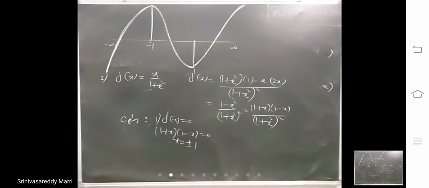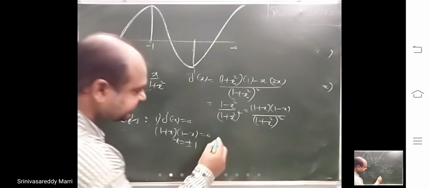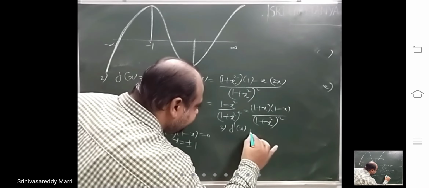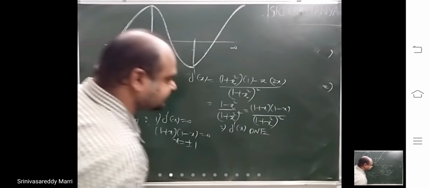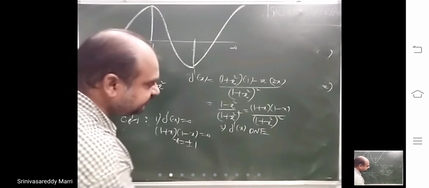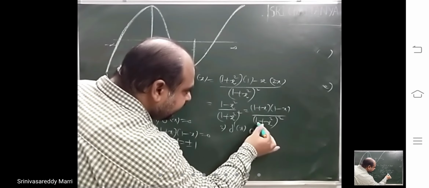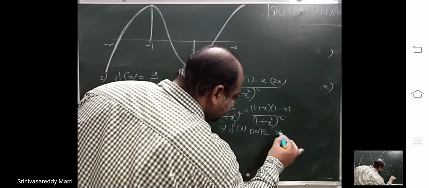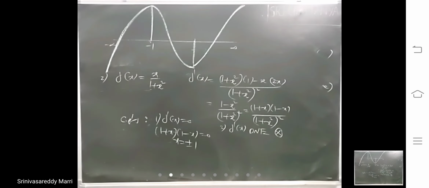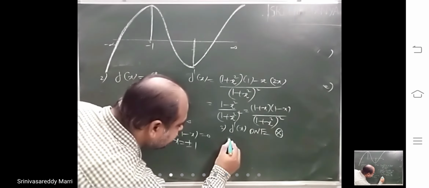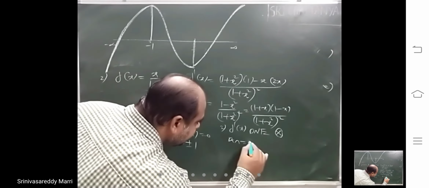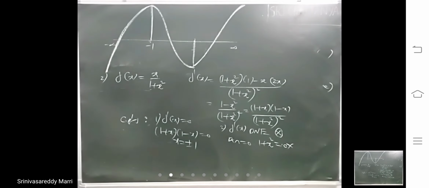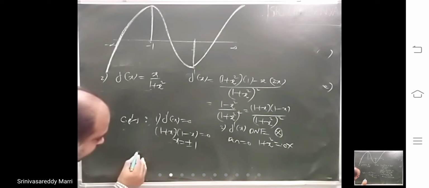These are the critical points where f dash x equals 0. The next critical points are where f dash x does not exist, where the derivative becomes infinity. That happens when the denominator equals 0, but 1 plus x square equal to 0 will never happen, so you won't get any x.